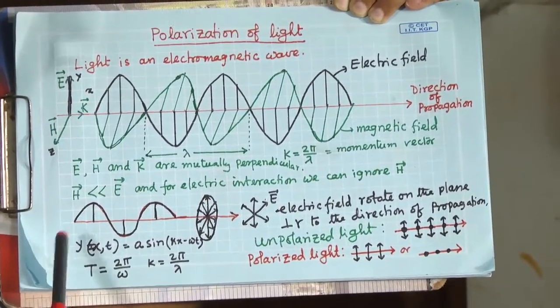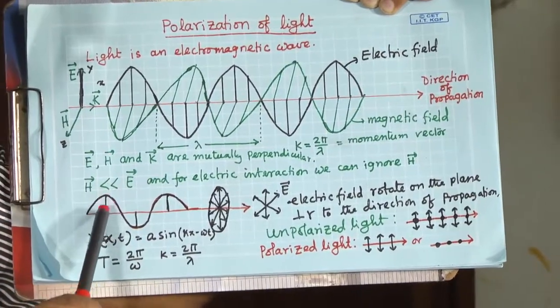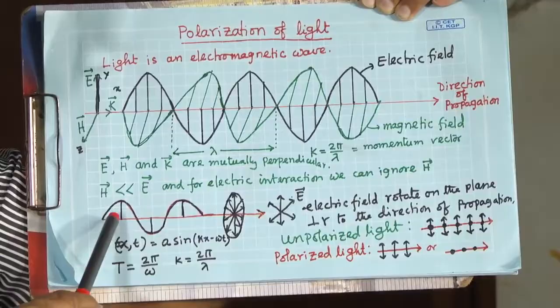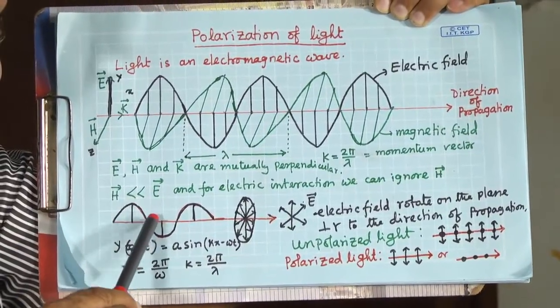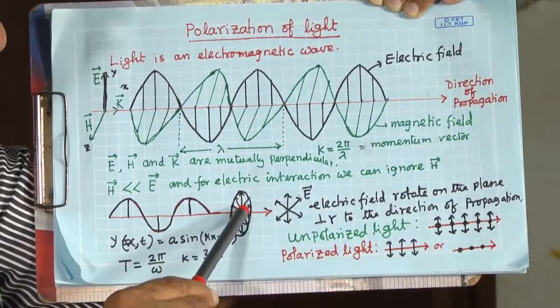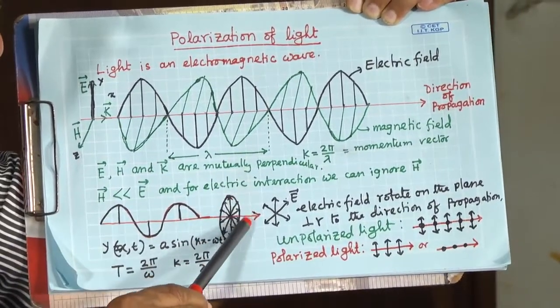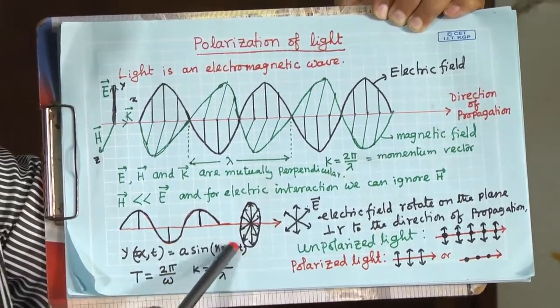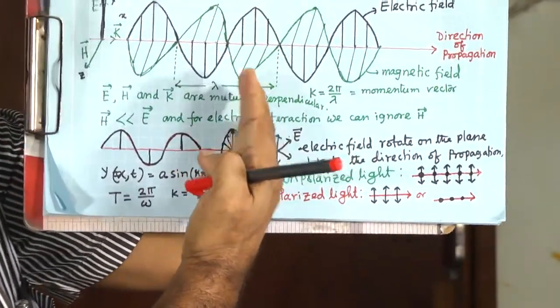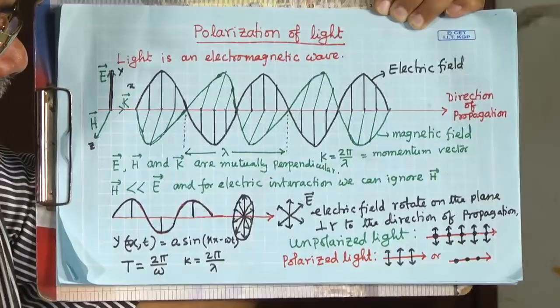So, this electric component is rotating, changing direction again and again, on a plane perpendicular to the direction of propagation.